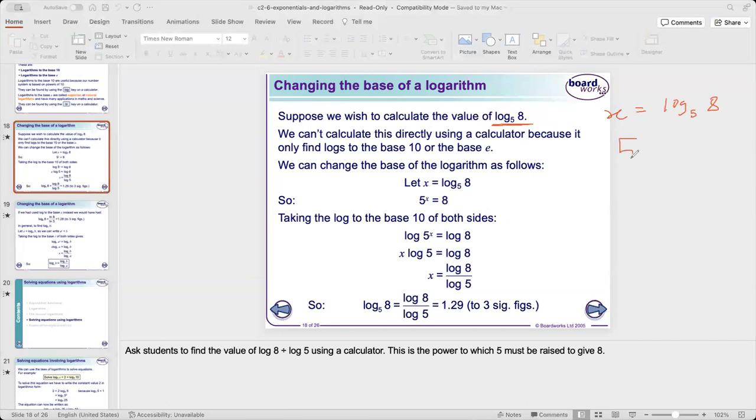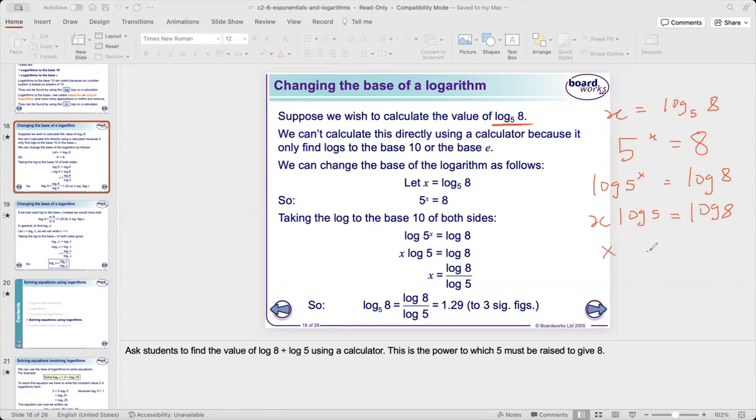Then that means that 5 to the x equals 8. What do you do after? Then you take the log of both sides. Log of 5 to the x equals log 8. So that gives you what? x log 5 equals log 8.